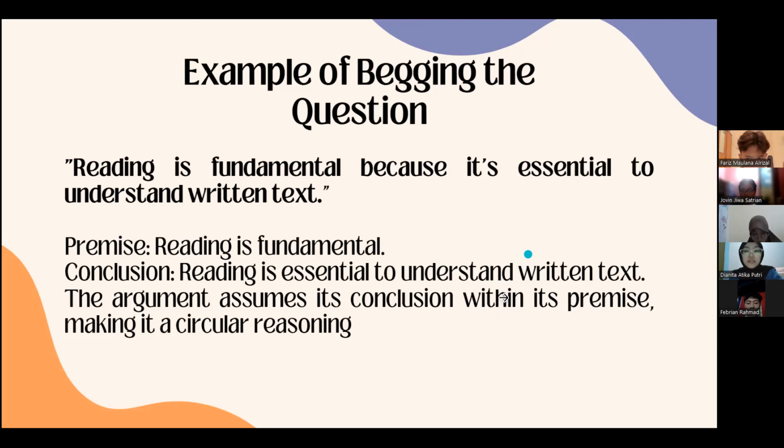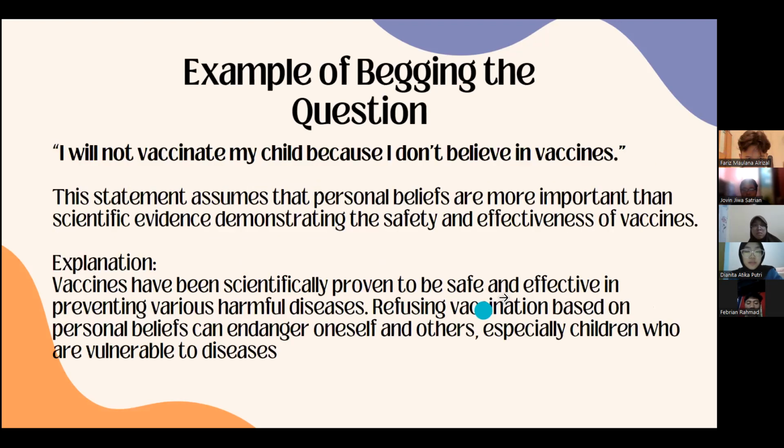The second example is the statement, I will not vaccinate my child because I don't believe in vaccines. The statement assumes that personal beliefs are more important than scientific evidence demonstrating the safety and effectiveness of vaccines.